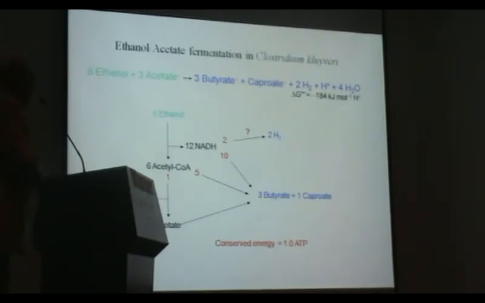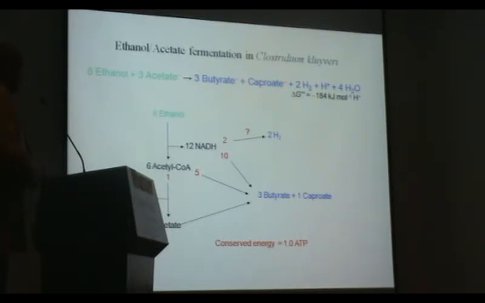Now we can use this system to explain other energy metabolism, another metabolism, for example, in Clostridium kluyveri. This bacterium ferments 6 ethanol and 3 acetate to 3 butyrate C4 and 1 caproate C6 and hydrogen.